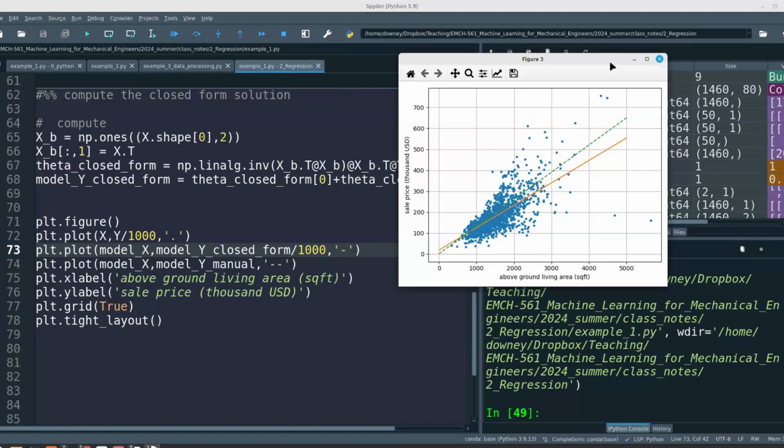And it pretty much cuts down the middle. And then you could say everyone below this line got a great deal. Everyone above the line got an awful deal. If all you're concerned about is above ground living square footage, and nothing else matters, above the line, the bad deal, below the line, the great deal.